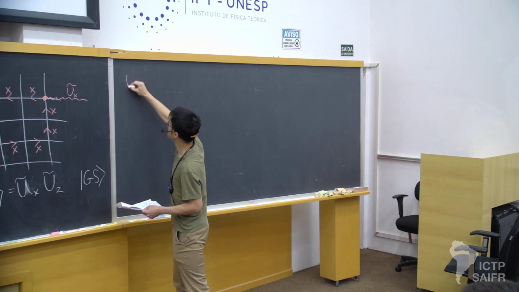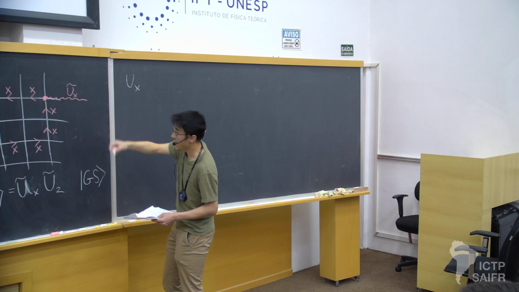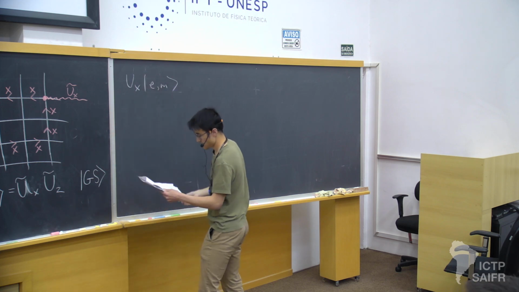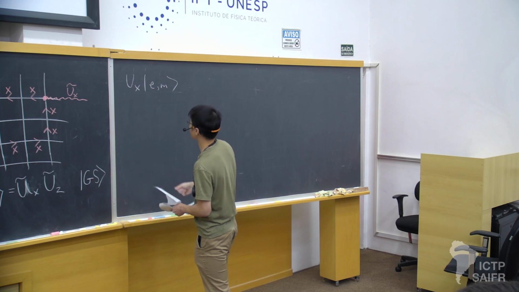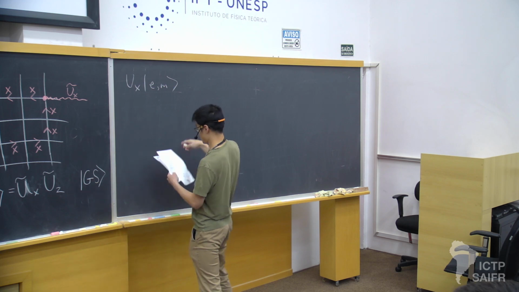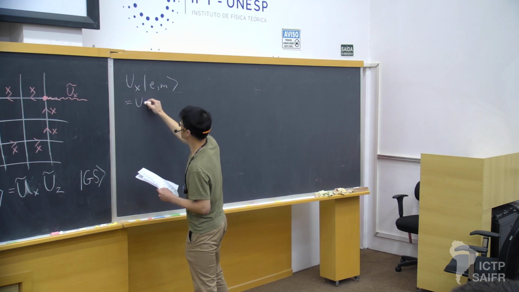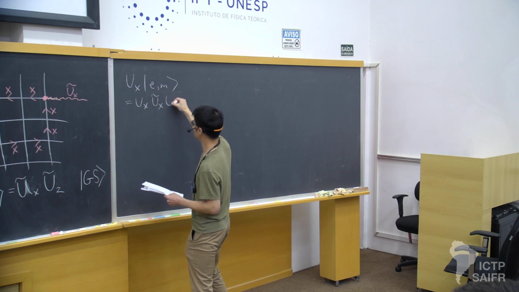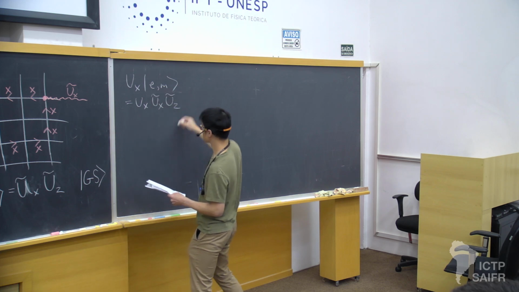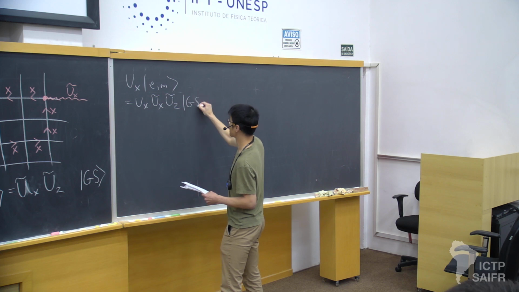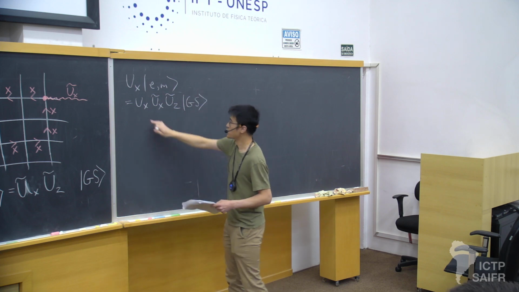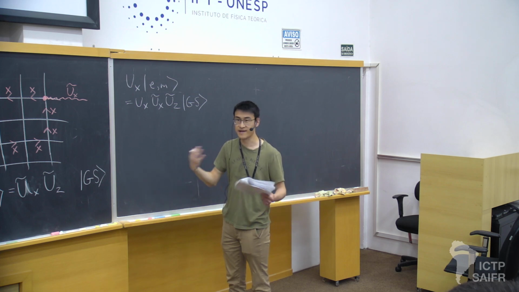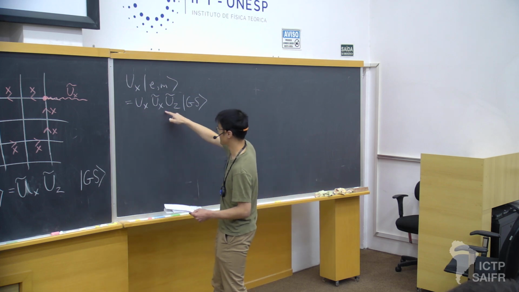So I have UX acting on EM, right? And that's basically acting on UX tilde, UZ tilde, toric code ground state. UX and UX tilde commute, right? They're all made out of X's, so I can bring it over.